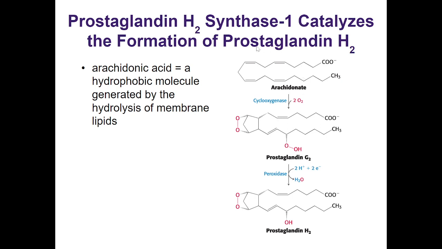Anybody notice anything that's a shape that looks like it might join into some sort of ring? Okay, we'll make those connections later. We'll have figures. Okay, so this is going to create the prostaglandin G2.